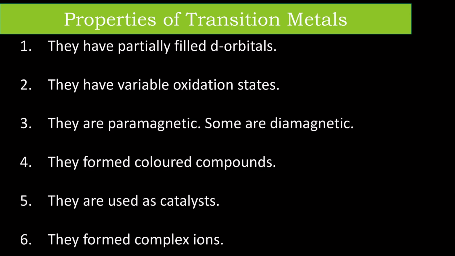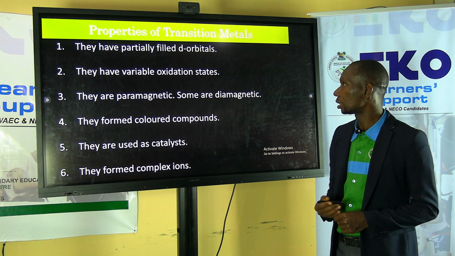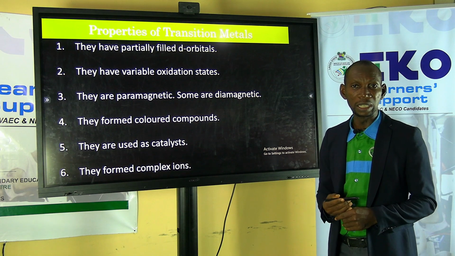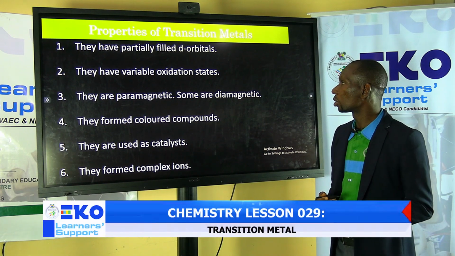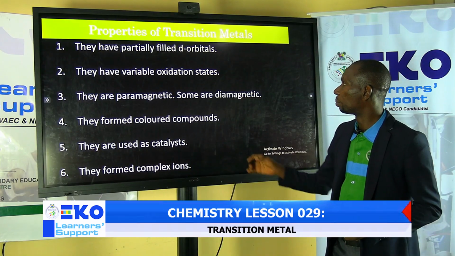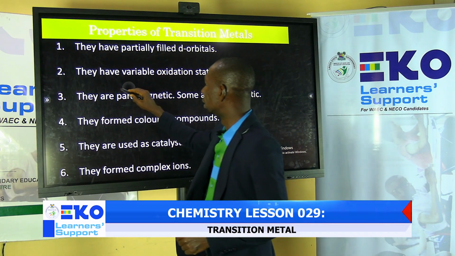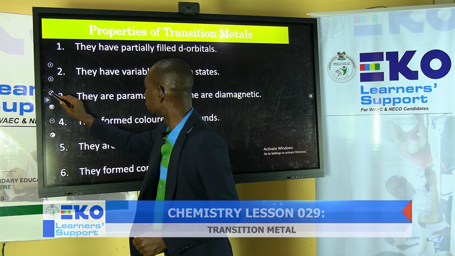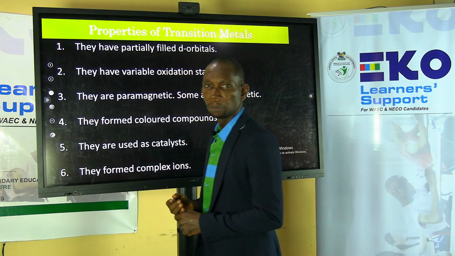One, they have partially filled D orbitals. We cannot overemphasize this point, because most of the reactions of transition metals are a result of the partially filled D orbital. So the D orbital is not completely filled.